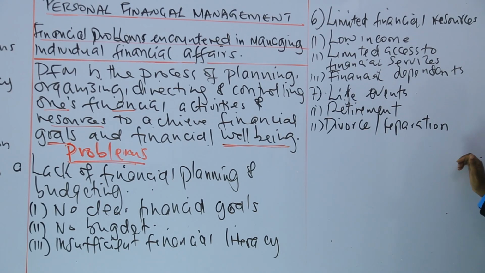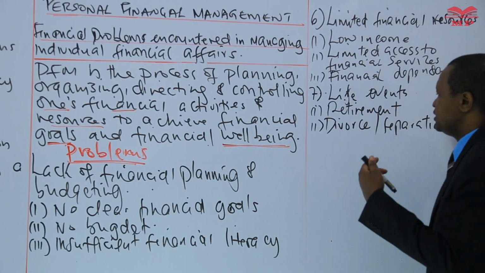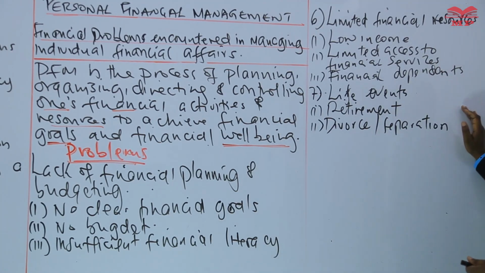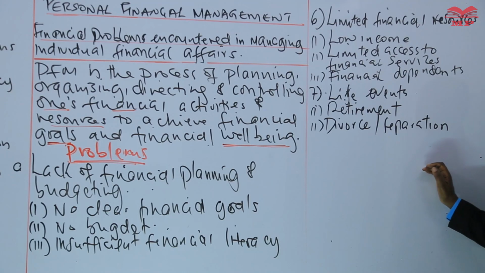During this event, candidates, dividing assets and debts can be financially complex and challenging. So divorce and separation can be viewed as a financial problem that can be encountered in managing an individual's financial affairs.